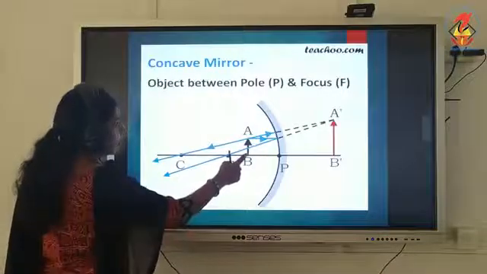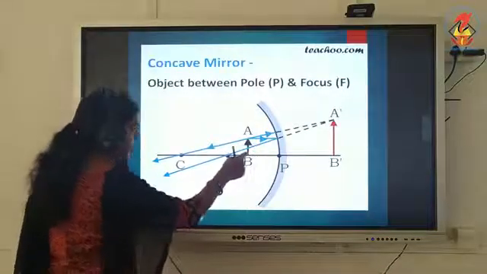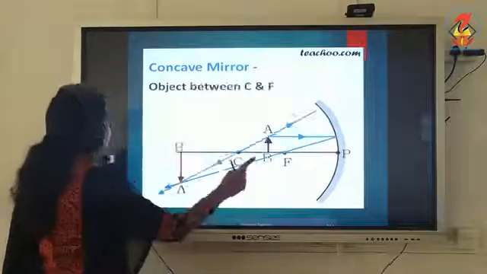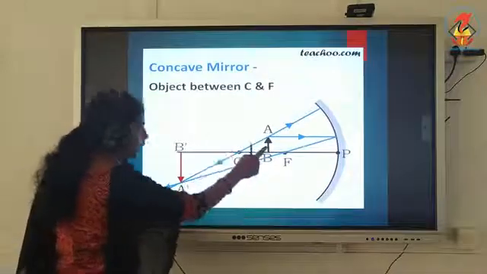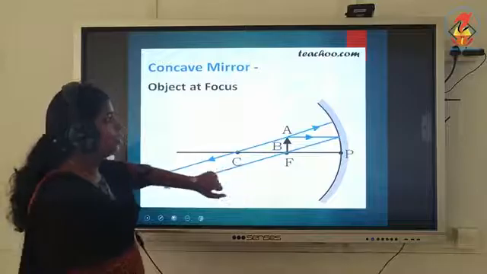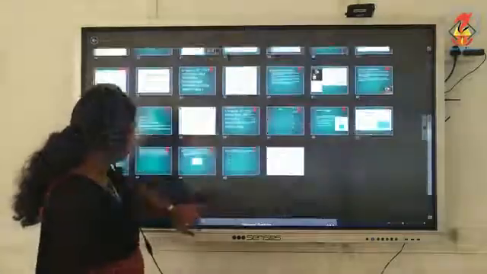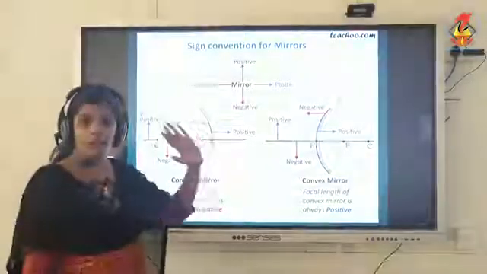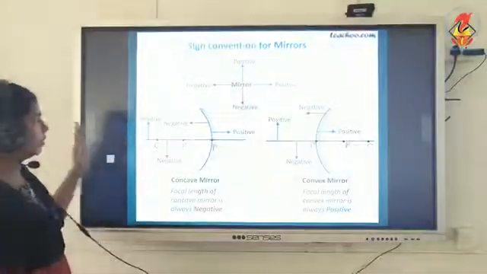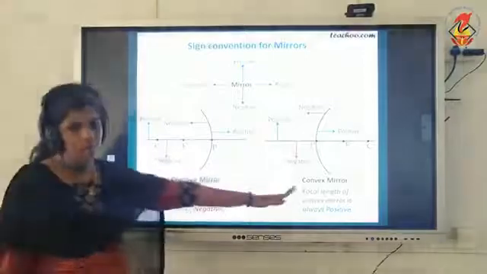In all cases we will keep the object on the left side of the mirror so that the light can travel from left to right.